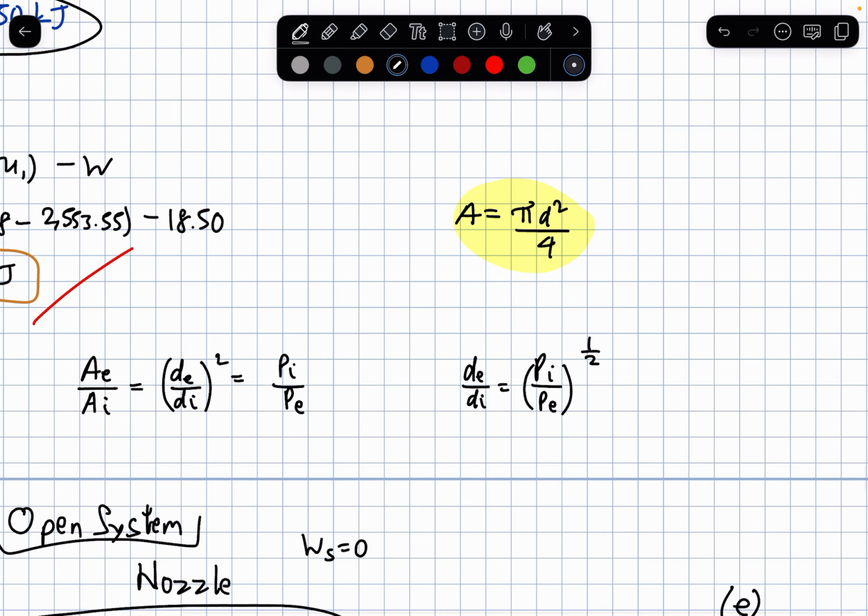So mass flow rate is density times area times velocity. Or since density is the inverse of specific volume, it's going to be like this. Volumetric flow rate, on the other hand, is just A times the velocity. This is d over dt of volume. This one is d over dt of m.